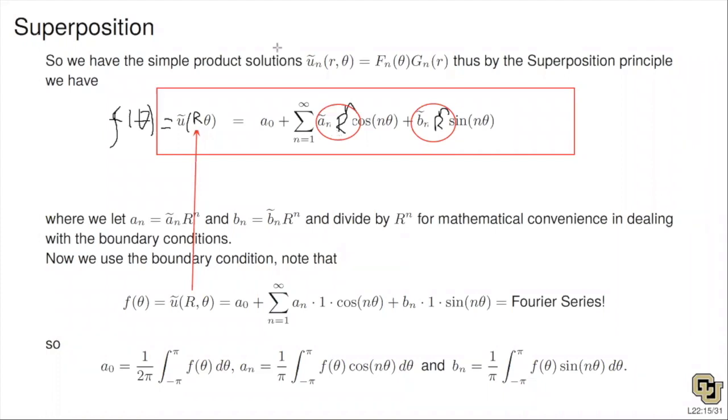And so we can solve, just by Fourier series, we know A sub N times R to the N will be 1 over pi, by the orthogonality, the integral from minus pi to pi of F of theta cosine theta. And so then this capital R to the N, you divide to the other side here.